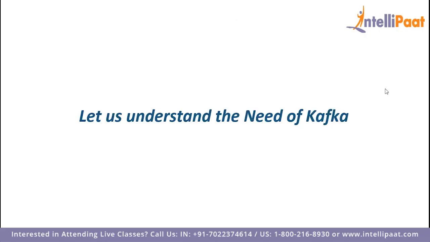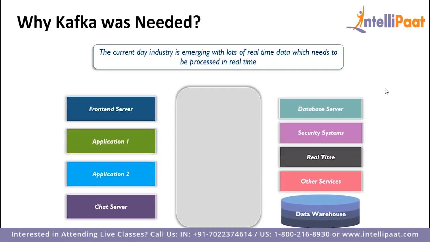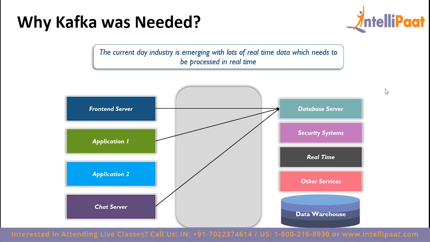So let's understand the need of Kafka. The current day industry generates a lot of real-time data which needs to be processed in real time. So let me explain this to you with the help of this diagram. These days, organizations have multiple servers at front end and back end like web or application servers for hosting a website or application. Now all of the servers will want to communicate with the database server and thus will have multiple data pipelines connecting all of them to the database servers.